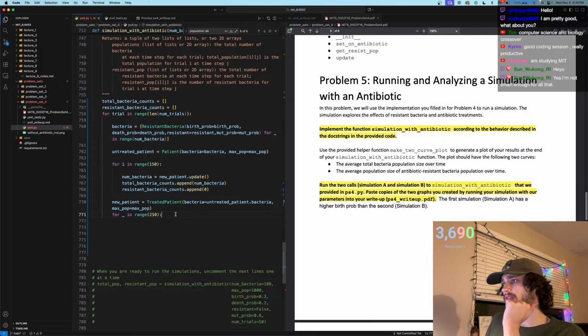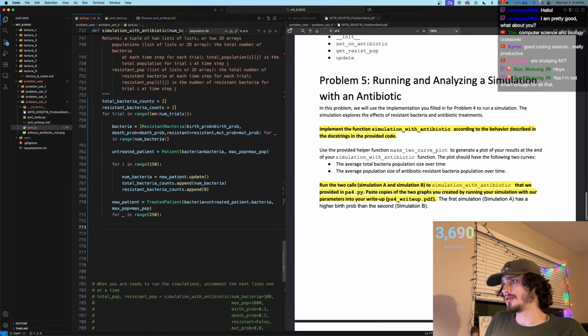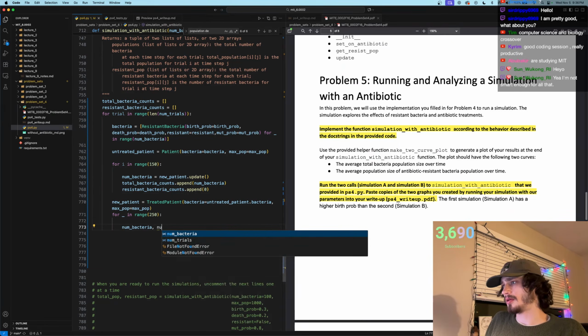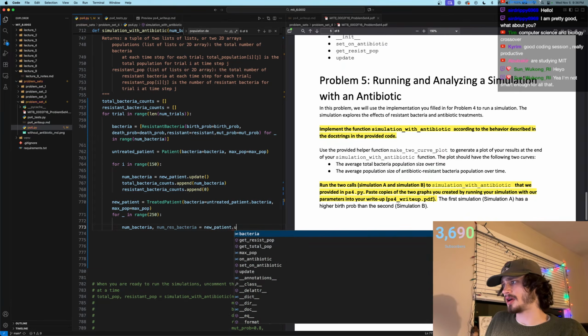Right, and then what we're going to do is call number of bacteria, resistant bacteria equals the new patient dot update.